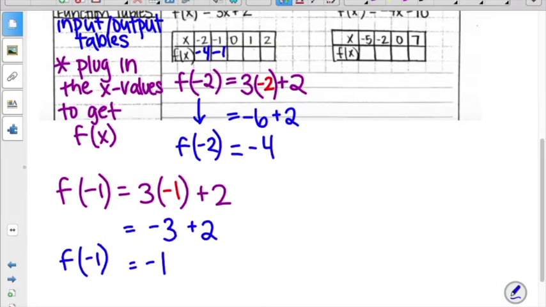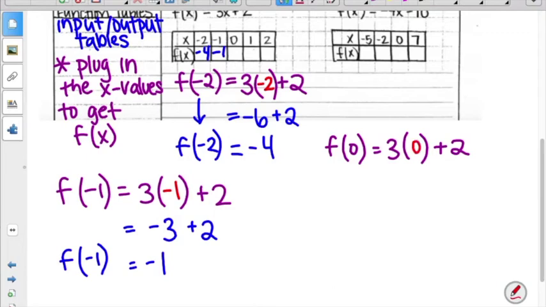Next one we're going to do is x equals 0. I'm going to do that over here. So we have f of 0. I'm just plugging in that number. F of 0 is equal to 3x, put parentheses, plus 2. In our parentheses, we put what x is, which is 0.